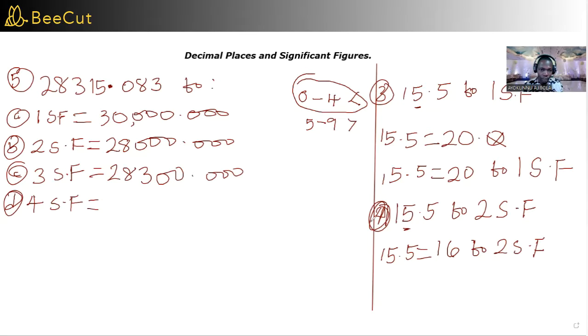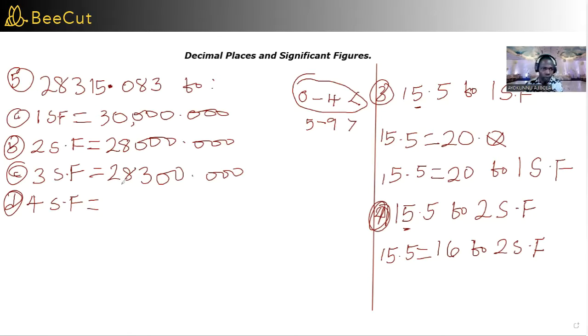Yes, sir. Okay. What I want is to round that up to 4 significant figures. So, what is the 4th figure there? 1. So, what do you think that should be now? 28,3100?